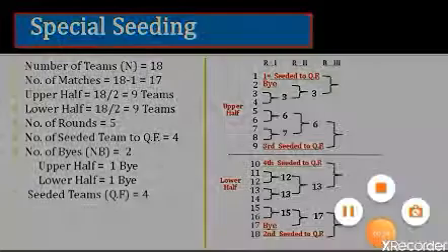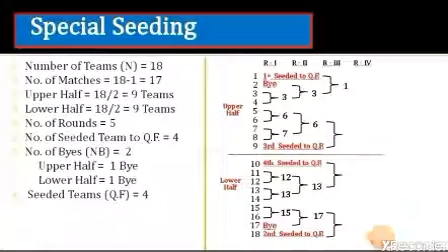The match between 1 and 3: 1 becomes the winner and reaches the fourth round. The match between 6 and 9: 6 becomes the winner and enters the fourth round. The match between 10 and 13: 10 becomes the winner and reaches the fourth round. The match between 17 and 18: 18 becomes the winner and enters the fourth round.